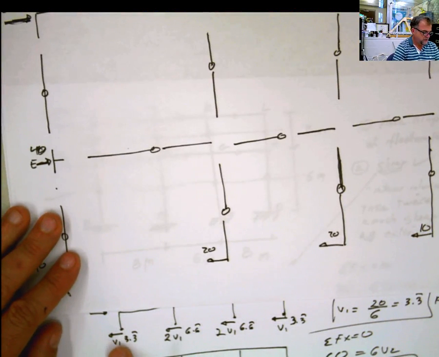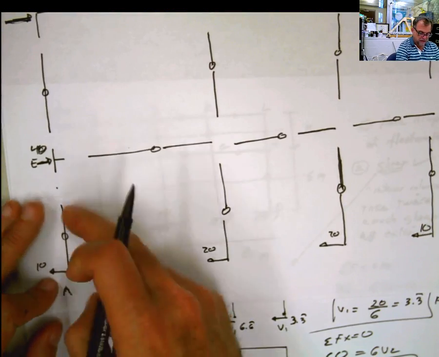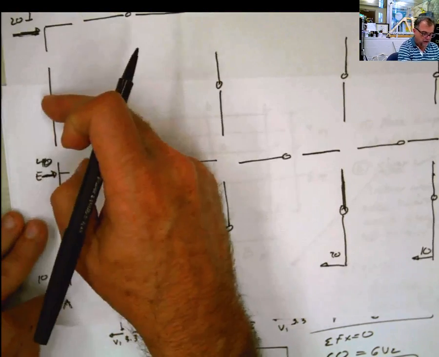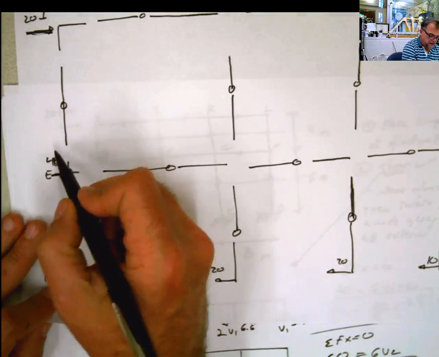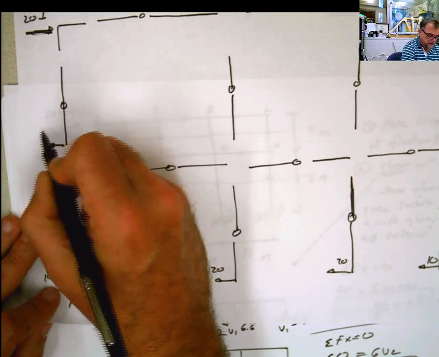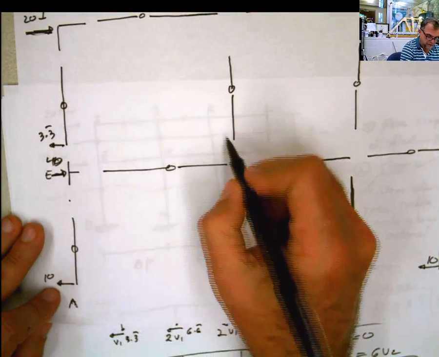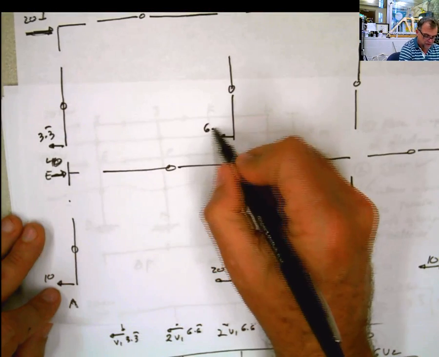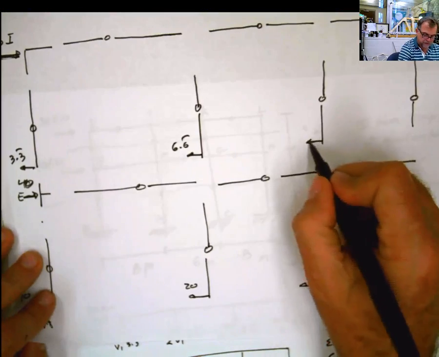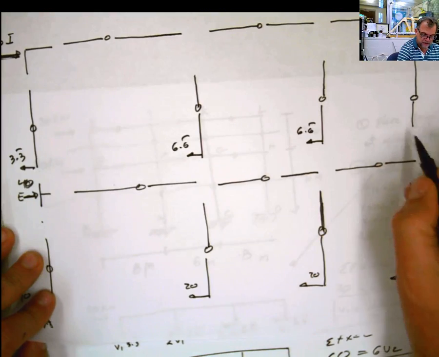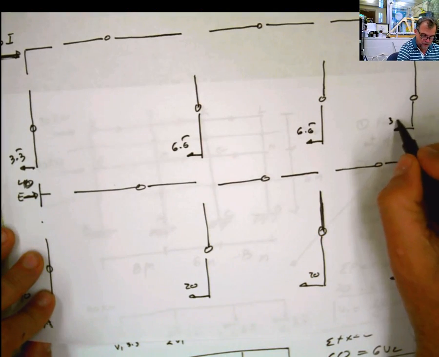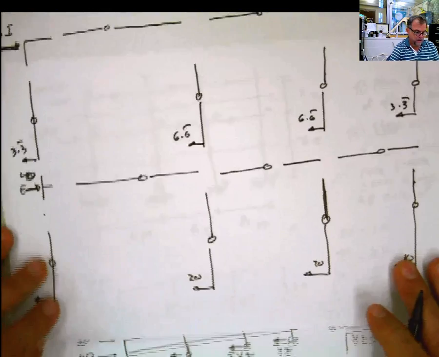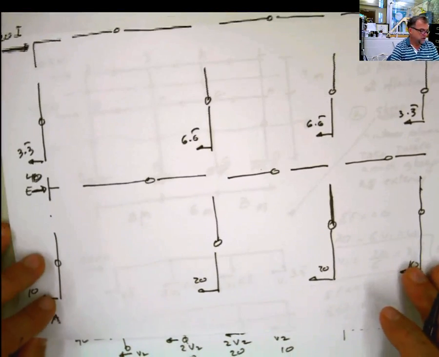So this intermediate level, if that works here, and I calculated that, that means also that this value here, I know it, 3.3, repetitive, periodic, 6.6, 6.6, and 3.3. That's what we have there. And those are the calculations that we have so far.